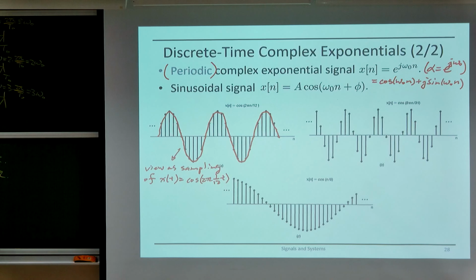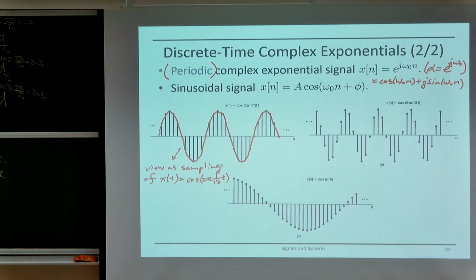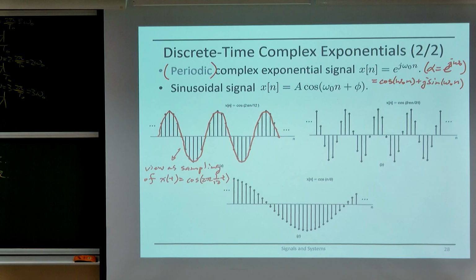The times that we sample at are integer values of this time index t. So in other words, we're saying that this x[n] is equal to x at integer values n.